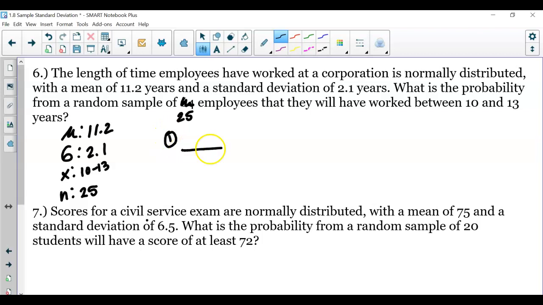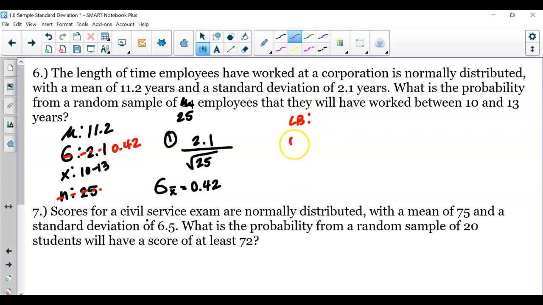So the first step was to convert. So 2.1 divided by the radical 25. So here, new standard deviation is approximately 0.42. So that is what you should have used to solve, and we're done with our sample size.